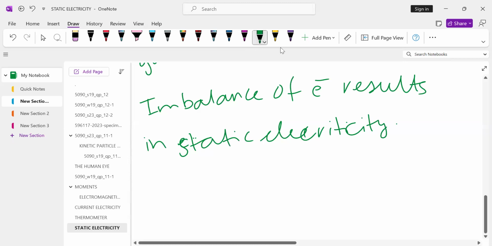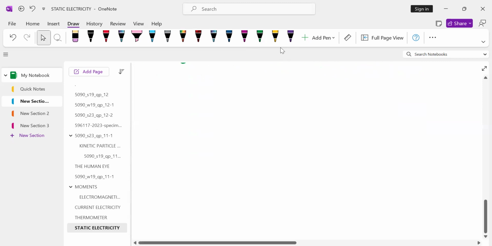Okay, so deficiency of electron results in positive charge, excess of electron results in negative charge, and imbalance of electron results in static electricity. Then you should know the laws of electrostatic.